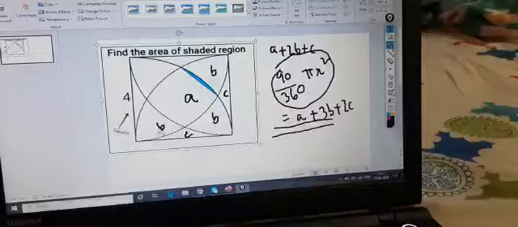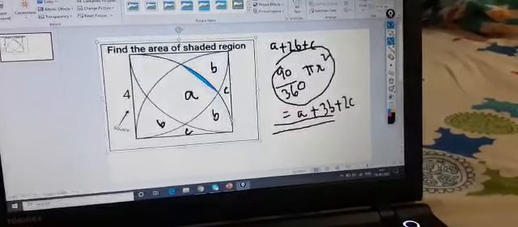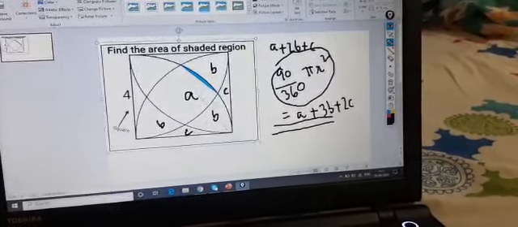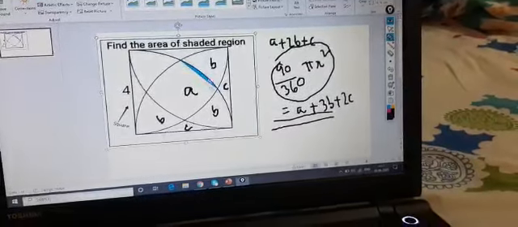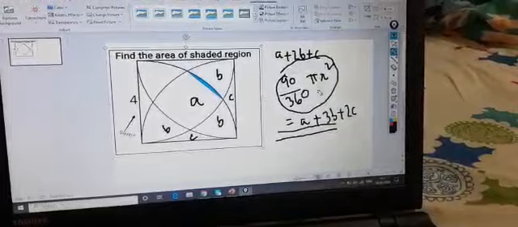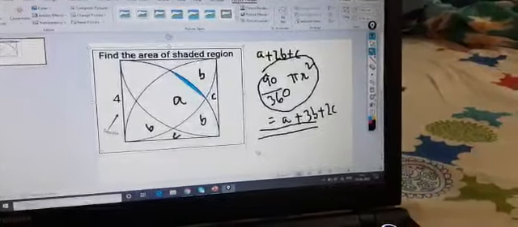I have already found out area of this part in my previous calculation, which was equal to 2X plus area of equilateral triangle. So this part minus this part, this is already area of full sector and area of this. So what would I be writing?